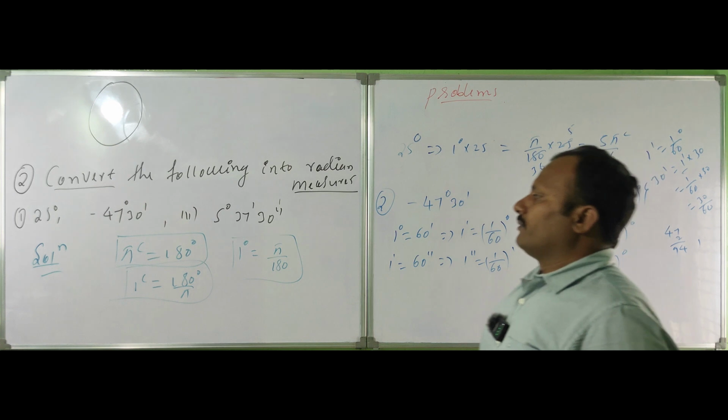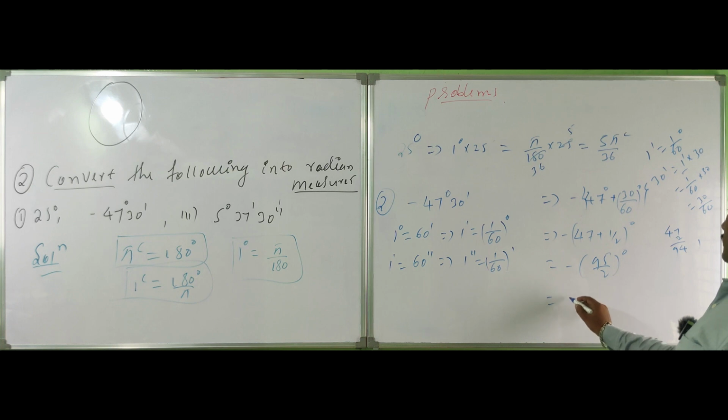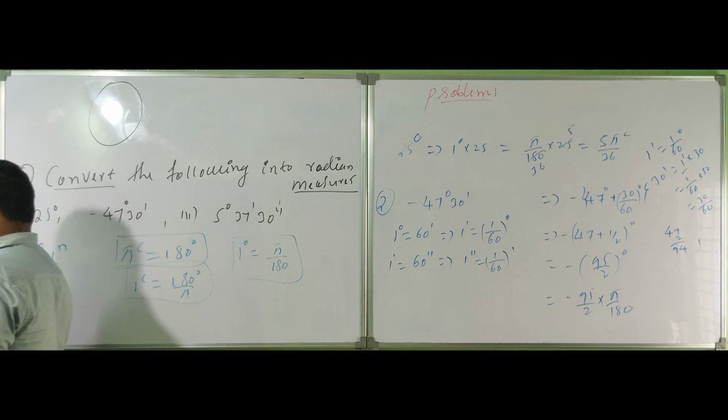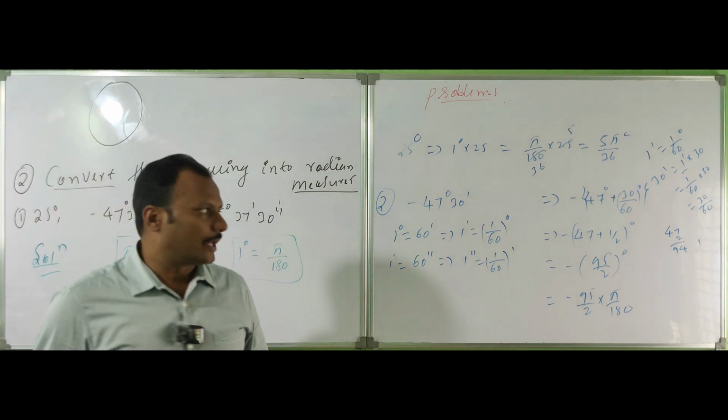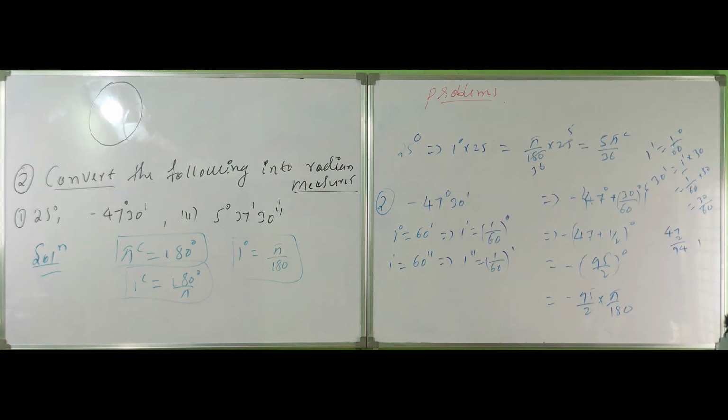Just apply the formula where 1 degree is equal to pi by 180. So minus 95 by 2 into pi by 180. 5 19s are 95, 5 36s are 180.